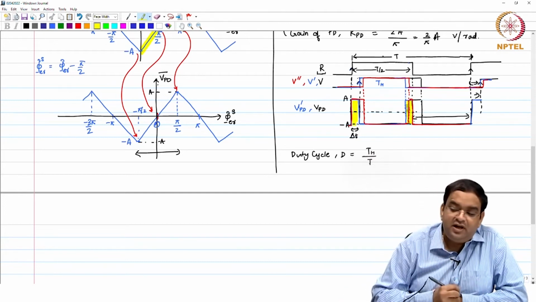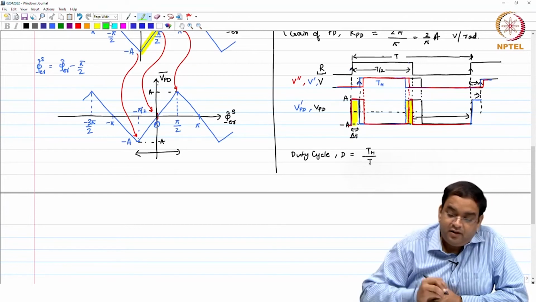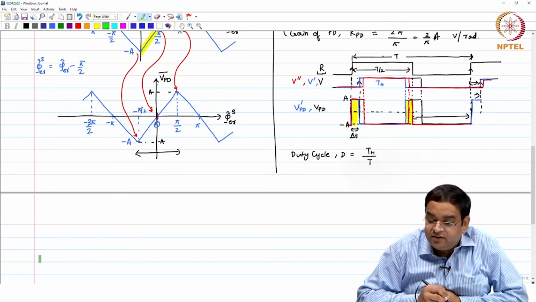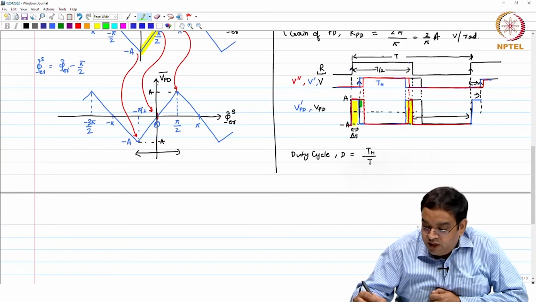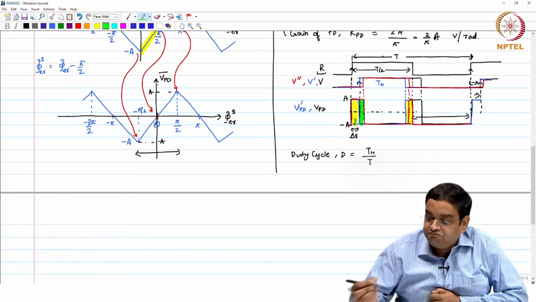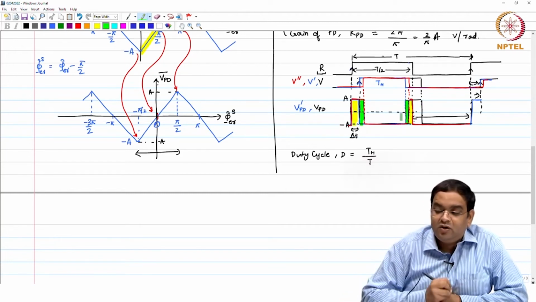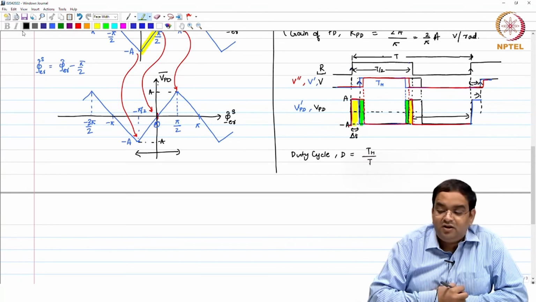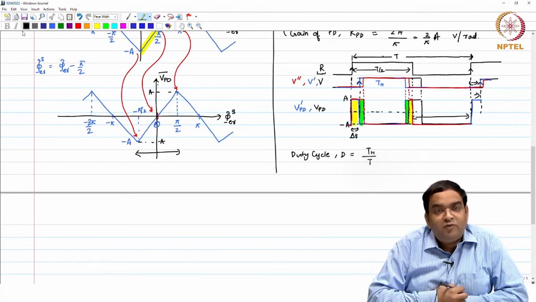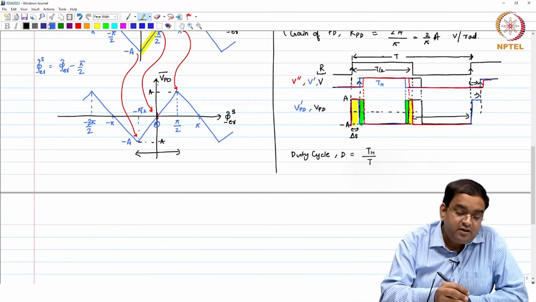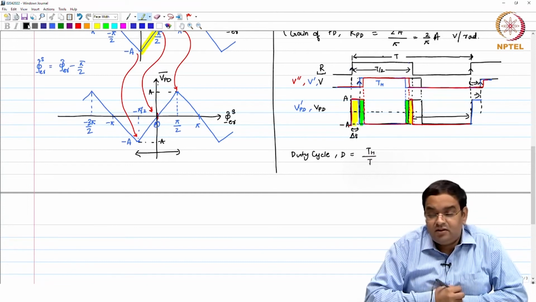Okay, this was the total area earlier, and the area when it changes to the red one, you add this green here, and on the other side you deduct this green. Okay. What you will find here is that the total area for which the clock is high still remains the same. It does not depend on the phase error.